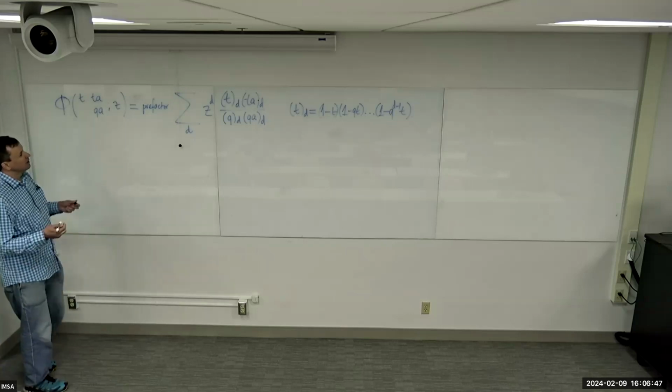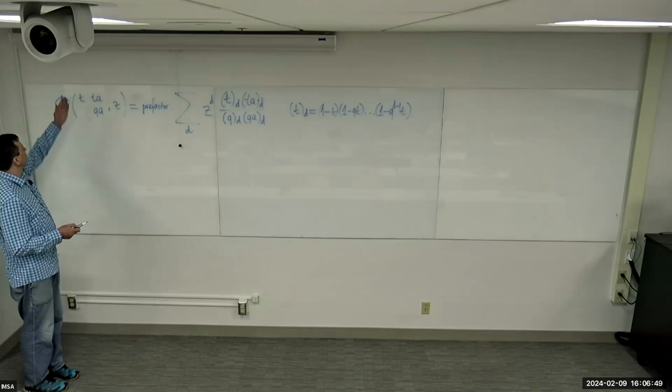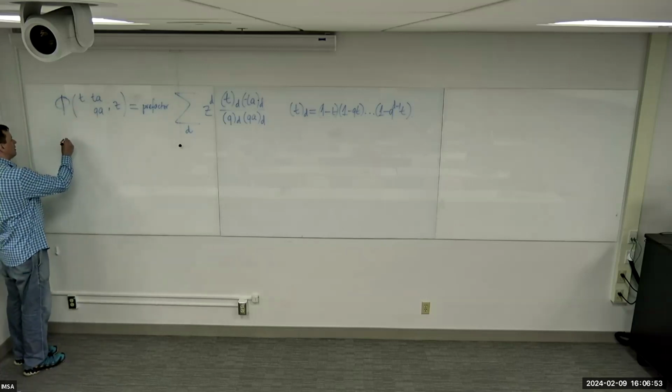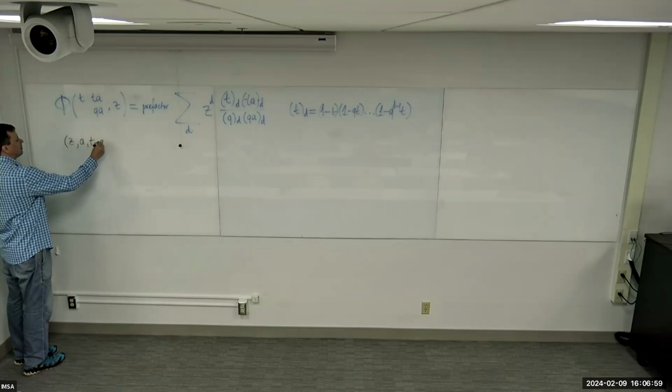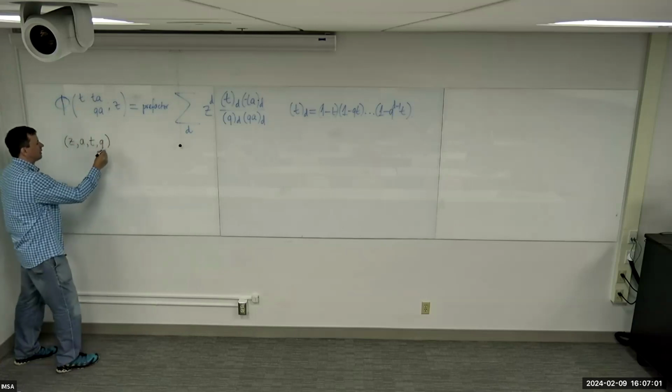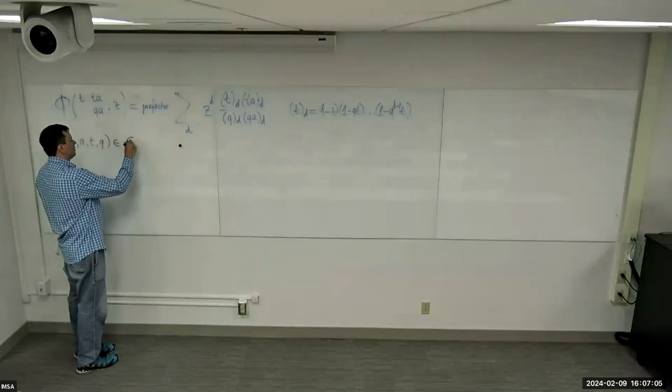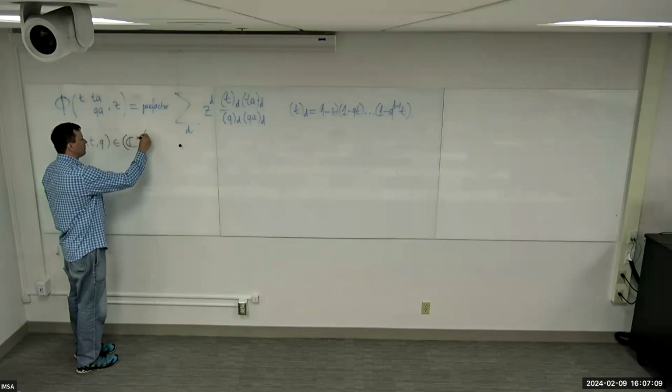Geometrically, first, what are they? There are 4 variables here, and there are 4-tuples Z, A, T, Q. Well, for us, they're non-zero complex numbers, 4-tuples.